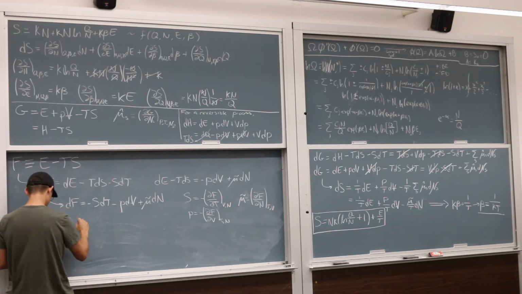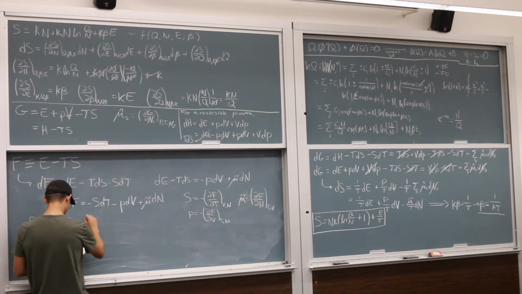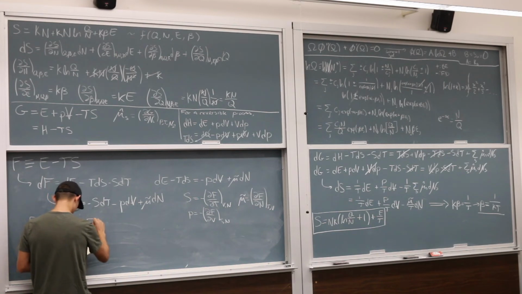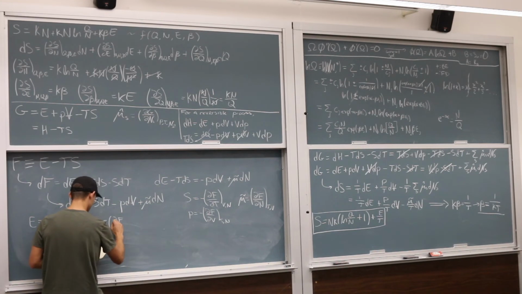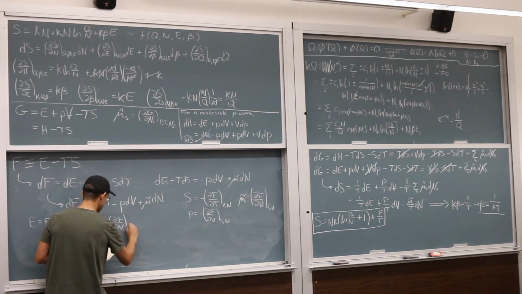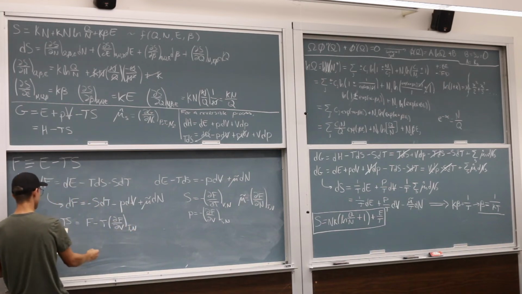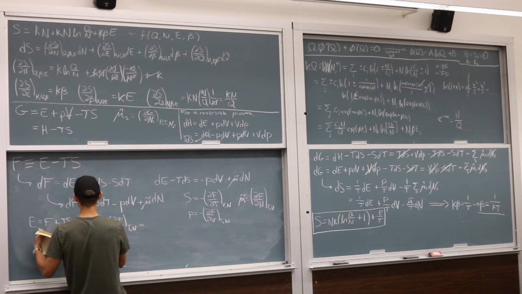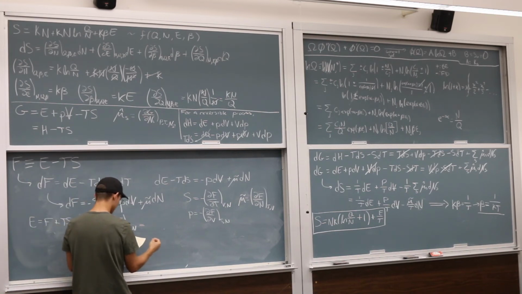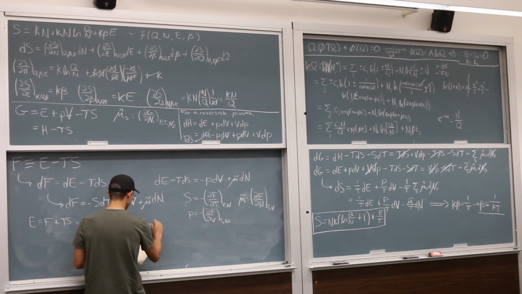So then this is equal to F minus T times the derivative of F over P, holding T and N constant. Okay, and then you can rewrite this so that E is just a function of F and a derivative of F with respect to temperature.